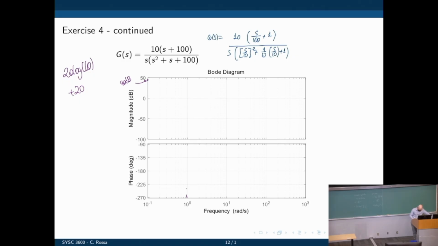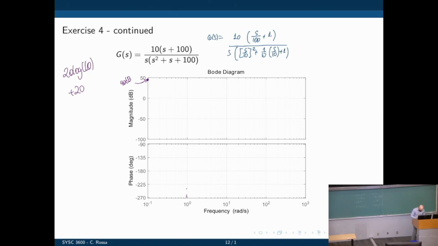And once again, this would be 1 over s starting at -20. And when you multiply this by 10, everything shifts up by 20. So we start at 40, and you're now going down at -20 decibels per decade because of the pole at the origin.